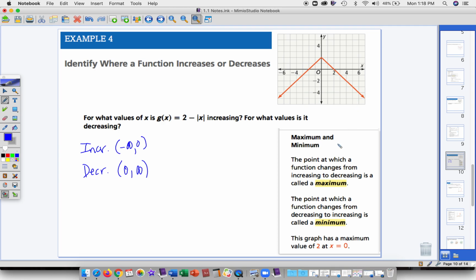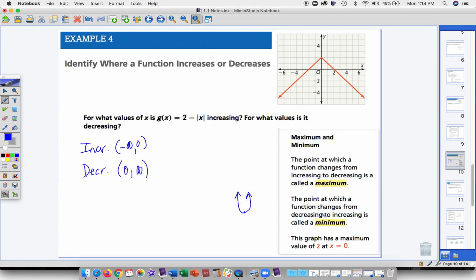Maximums and minimums: the point at which the function changes from increasing to decreasing. Here it's increasing, then it's decreasing. That point is called a maximum. Where a function changes from decreasing to increasing, say you had a U-shaped parabola, the graph is decreasing, then it increases.